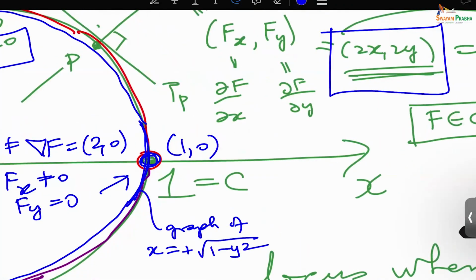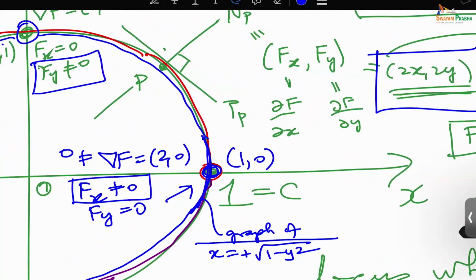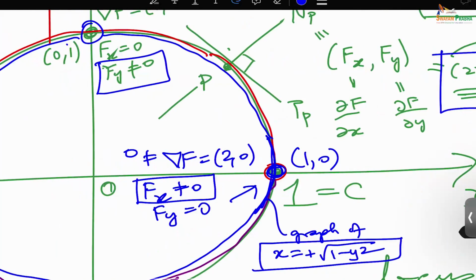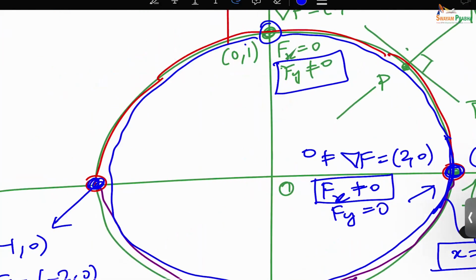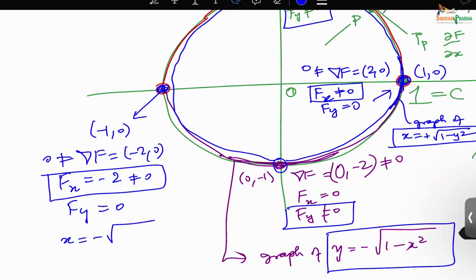Okay, look at what's happening here. Here fx is not 0, and I am able to write the curve locally as graph of x as a function of y. So when fx is not 0, I can write x as a function of y. And what is happening here, you see again, fx is not 0, I can still write x as a function of y, namely x is negative square root of 1 minus y squared.